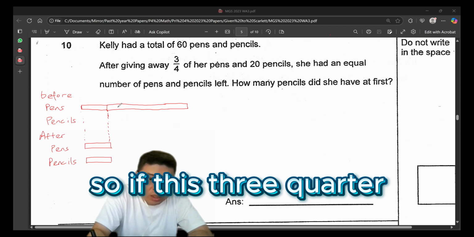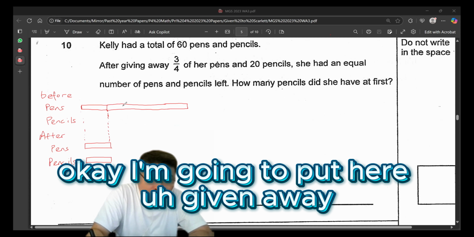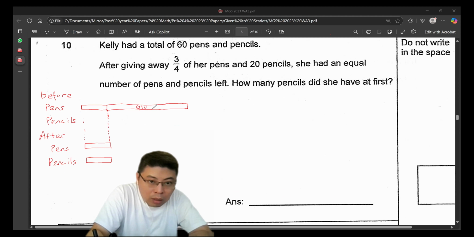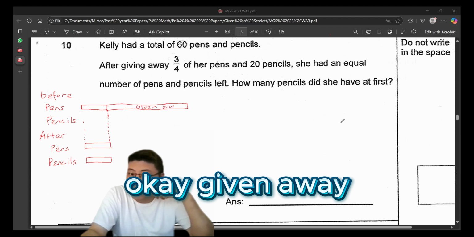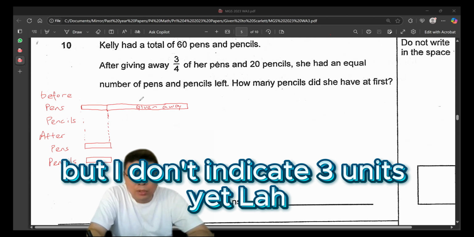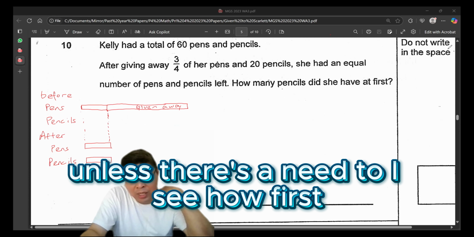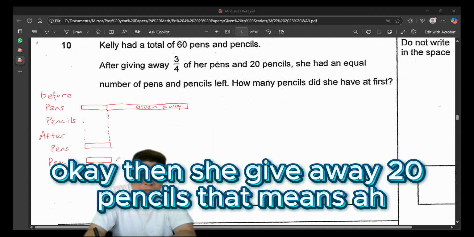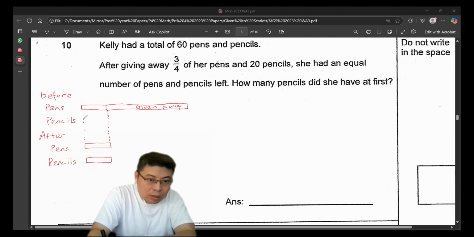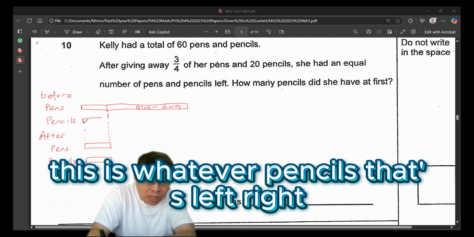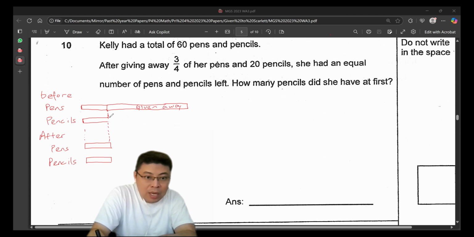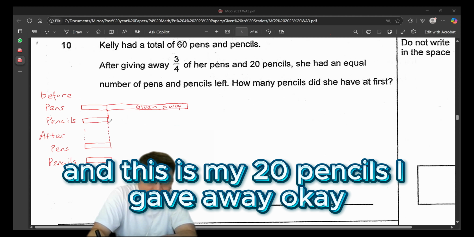So this 3/4, I'm going to put here given away. But I don't indicate 3 units yet unless there's a need to. I see how first. Then she gave away 20 pencils. That means this is whatever pencils that's left, and this is my 20 pencils I gave away.